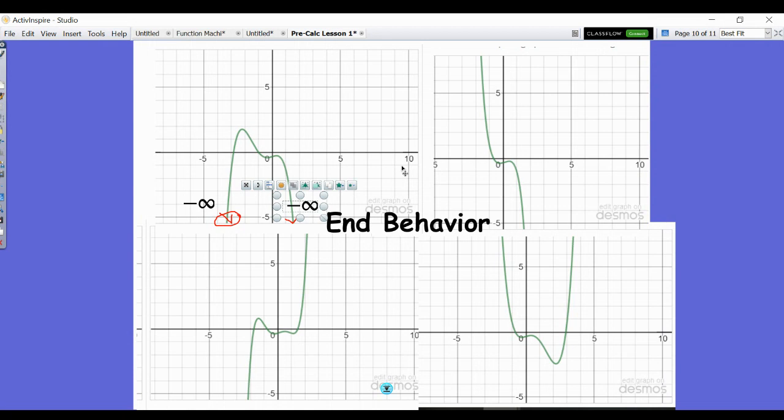Odd functions, not odd in the sense that they have the reflection properties of even and odd, but odd meaning that they're polynomials whose highest exponent is an odd number. Odd ones are going to have different directions.